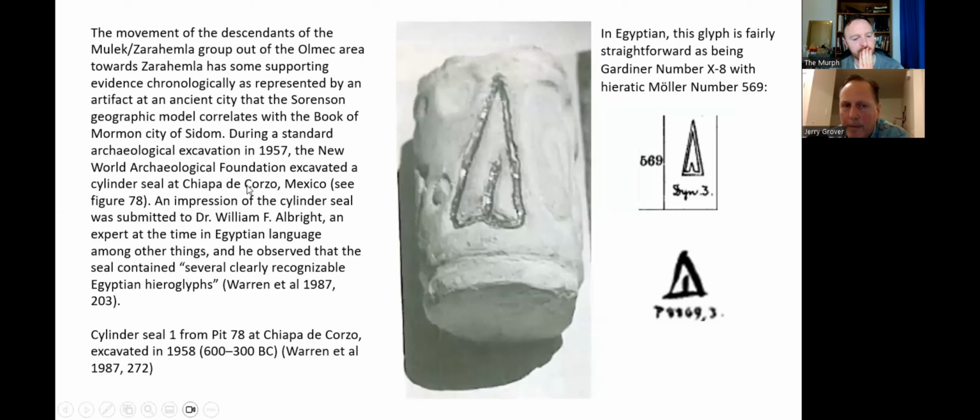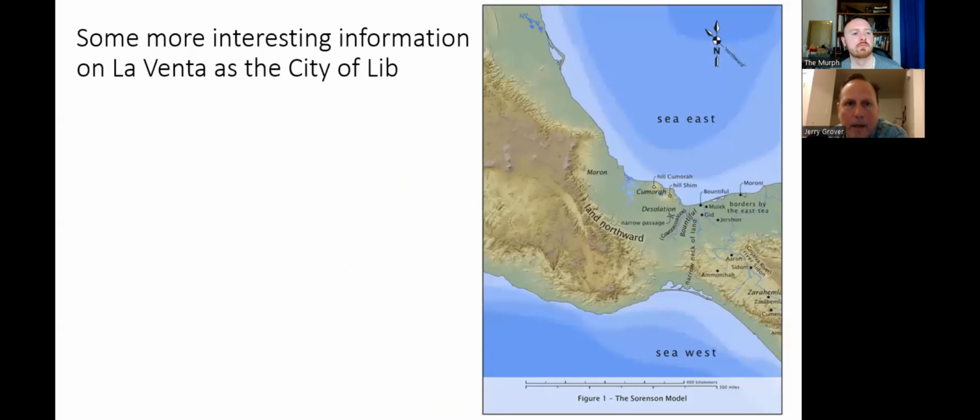So the people of Zarahemla came up, and there was a cylinder seal found there with an Egyptian glyph. If you roll it out, I'd actually rendered a translation of it. But here you can see the Egyptian glyph that matches the glyph that they're talking about on the cylinder seal. So there is some trace evidence, I think, of Egyptian in Mesoamerica, if you know what you're looking for.